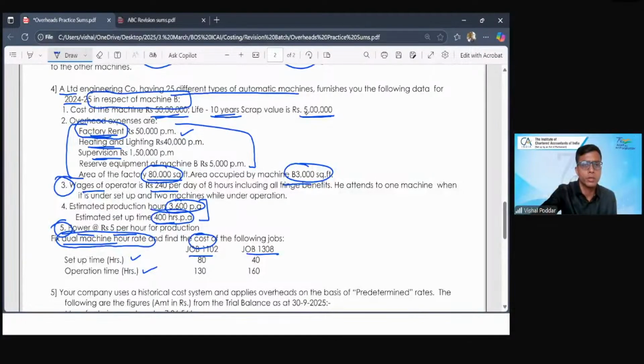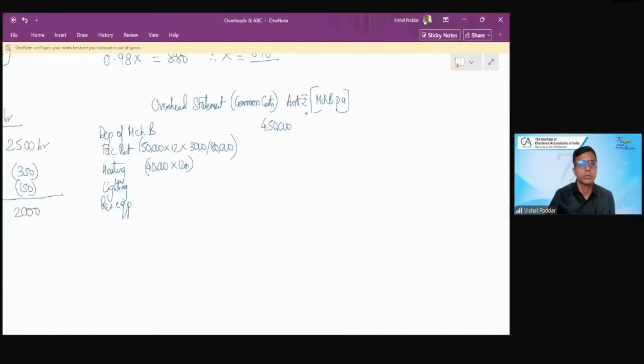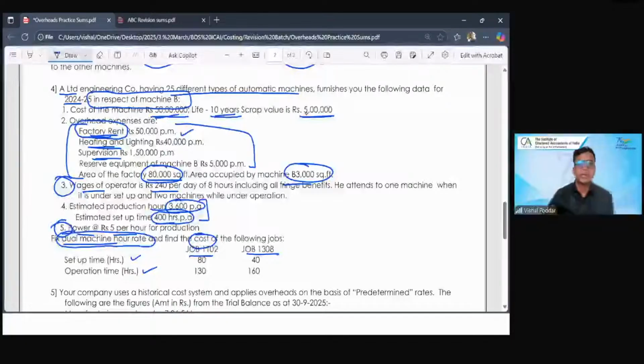Supervision. Now for this supervision also, we will have to make an assumption that this is given for the entire department. If I take this assumption that the supervision is for the entire department, I divide it by 25 machines. Correct? Because generally supervision is paid for all the persons combined.